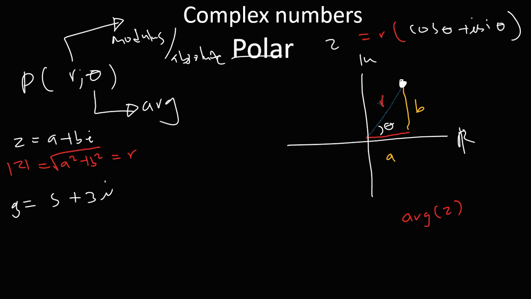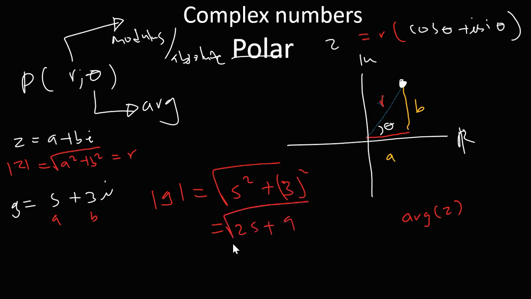We have a here and b here, so we can solve it. The modulus of this complex number is going to be the square root of 5 squared plus 3 squared, which is the square root of 25 plus 9, and your answer is root 34. Now we know our r is equal to root 34.